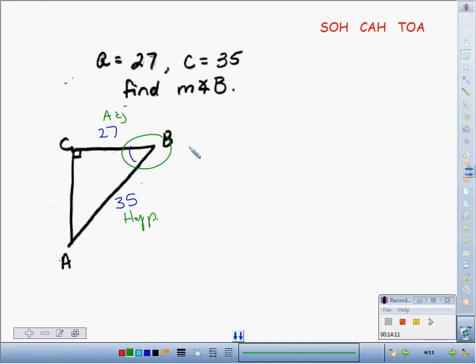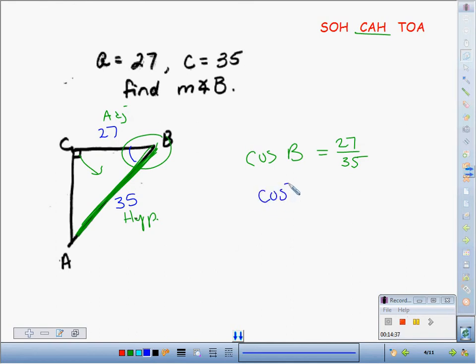So we want cosine. Now some people go, but this is touching it also, how come it's not adjacent? Well, it is adjacent to it, but since it's across from 90, it is the hypotenuse, so please realize that. Cosine of the angle measure is adjacent over hypotenuse, so 27 over 35. I do not know the angle measure, so it's an inverse situation.